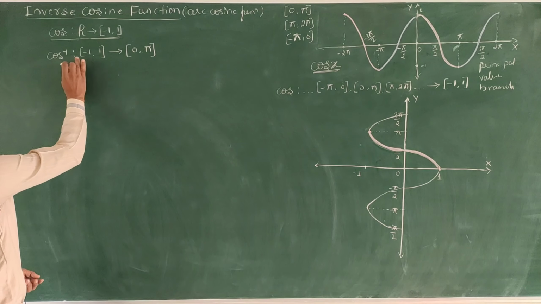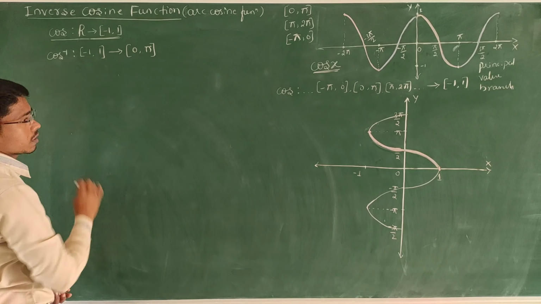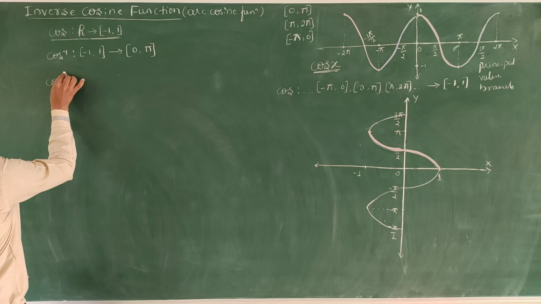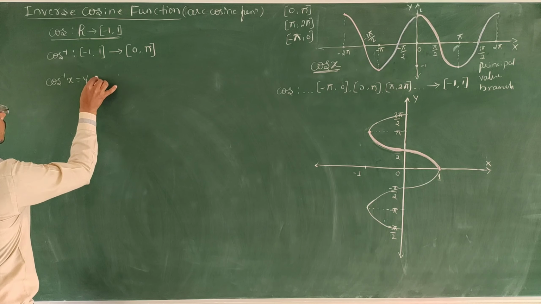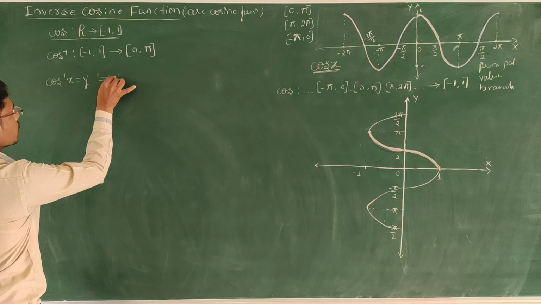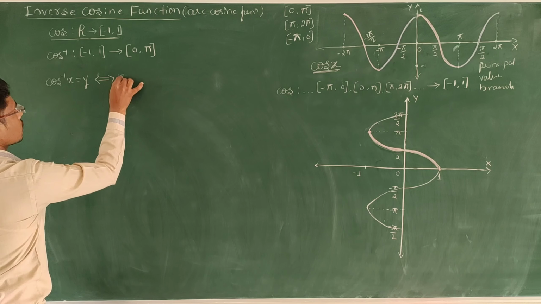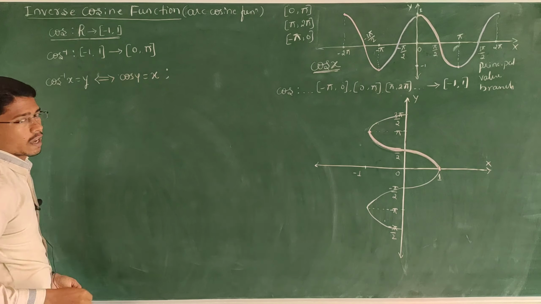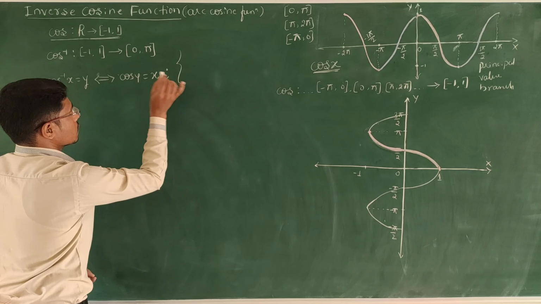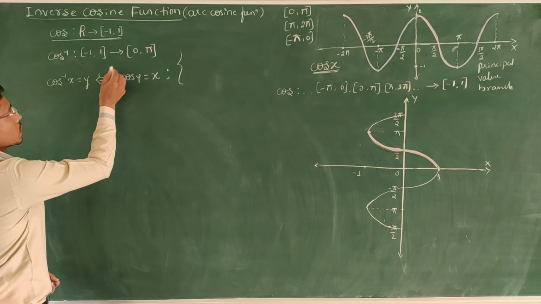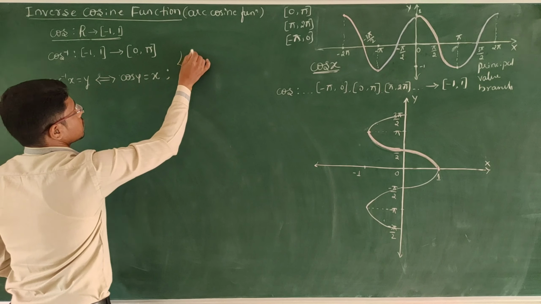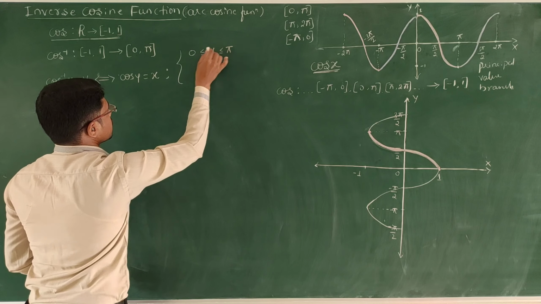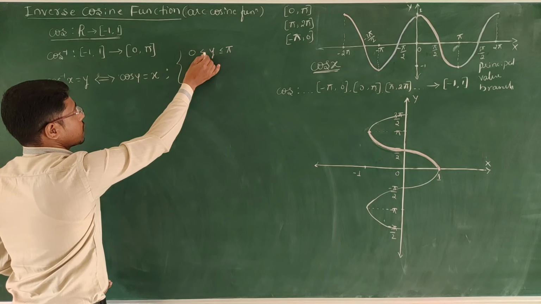Cos inverse is from minus 1 comma 1 to 0 comma pi. So if cos inverse of x equals y, then cos y equals x, such that y is the output, 0 less than or equal to y less than or equal to pi. The closed bracket indicates less than or equal to.